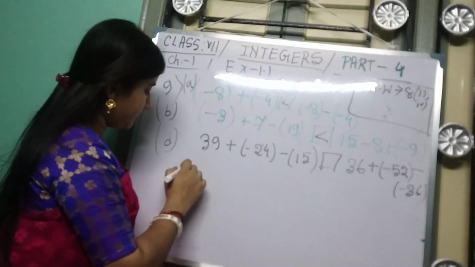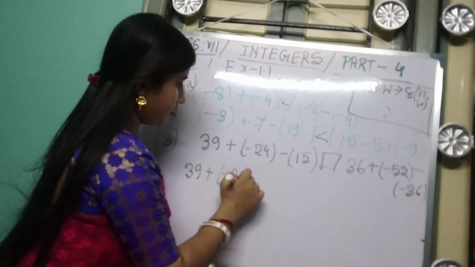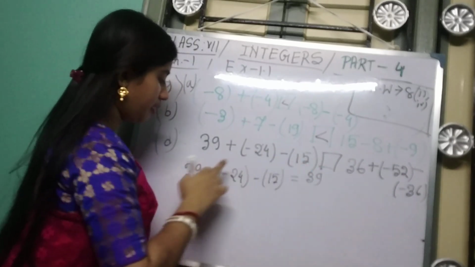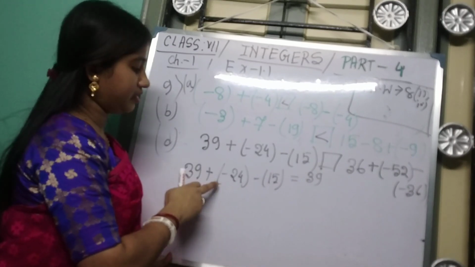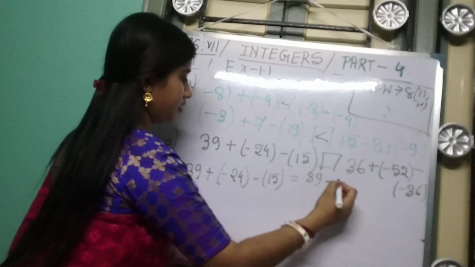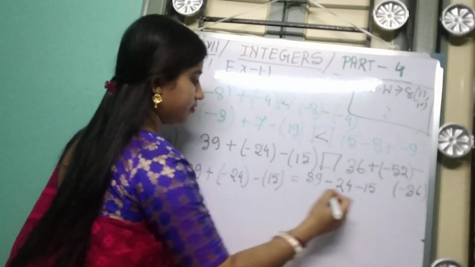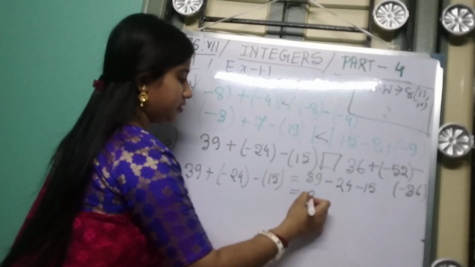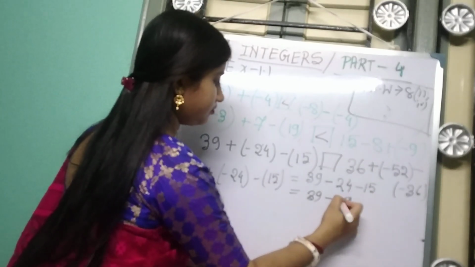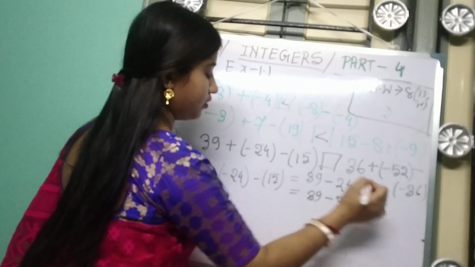We simplify 39 plus of minus 24 minus 15. Plus of minus means one minus, so this sign would be minus 24, and next is minus 15. We calculate both minus signs, given minus 39. 39 minus 39 means this is 0.